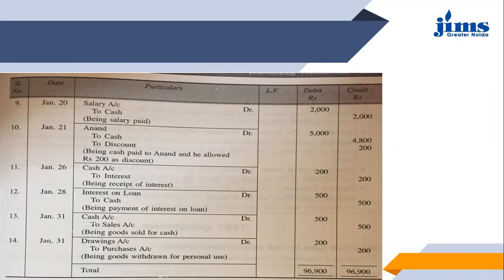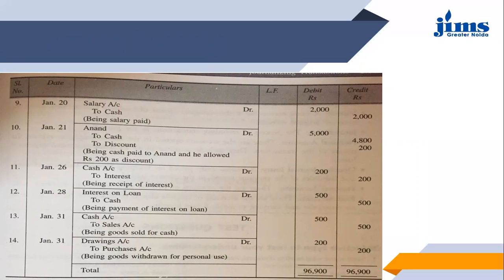But one more thing before winding up this session: when your journal entries are all prepared and you are done with all the financial transactions in respect to the journal entries, then always keep a total at the end of the journal entries, like the debit total and the credit total.